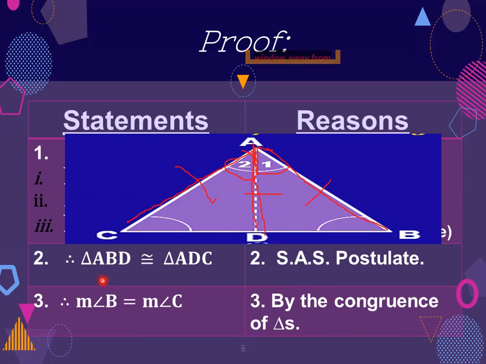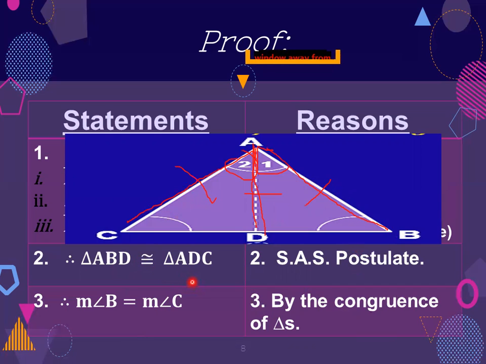So you will say that triangle ABD is congruent to triangle ADC, because according to the side angle side postulate, if the side angle side of one triangle is congruent to the side angle side of another triangle, then the given two triangles are congruent to each other.